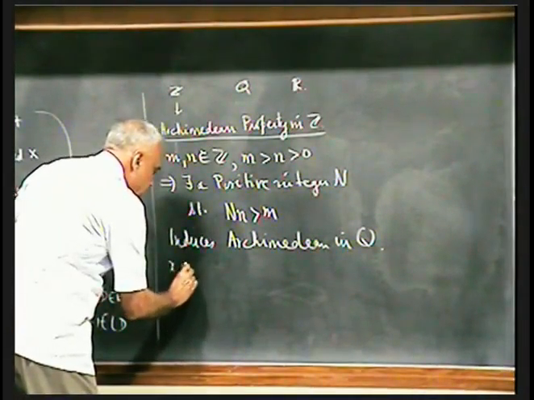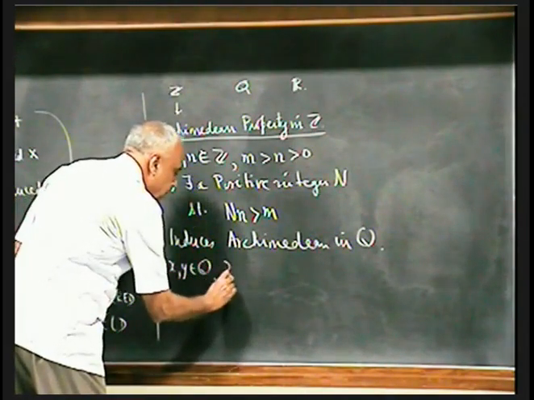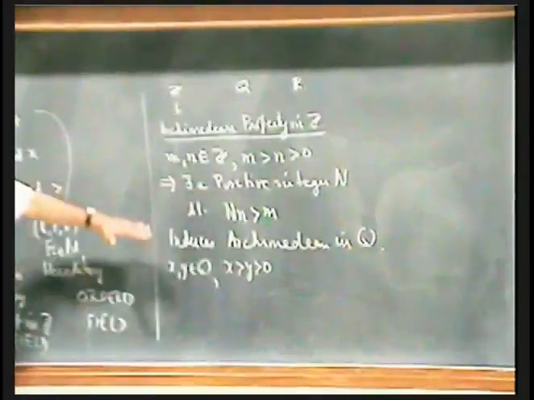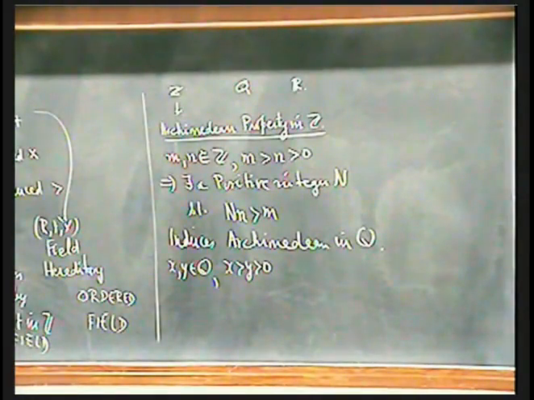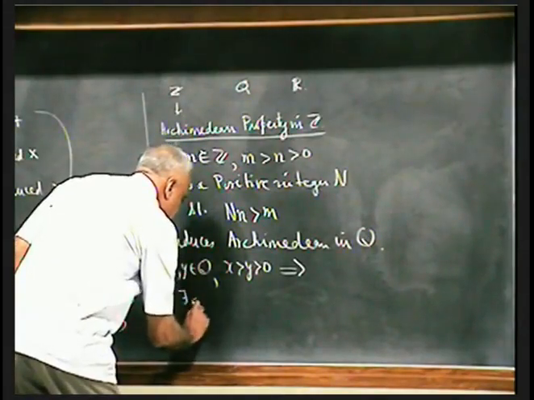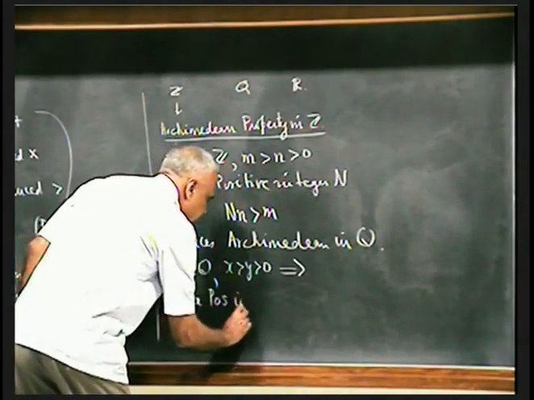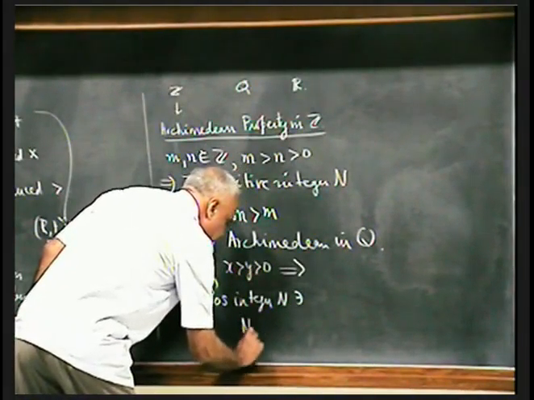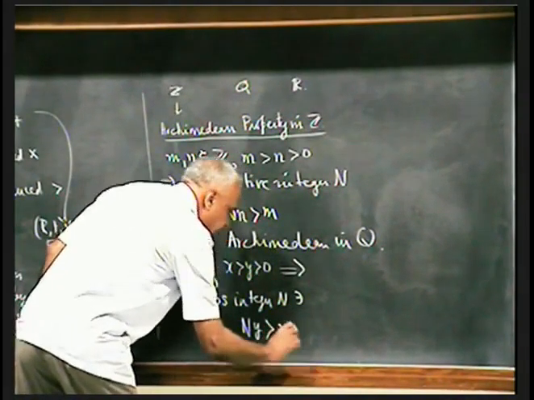If x, y belong to Q and x is greater than y greater than 0, exactly a replica, except now instead of m and n being integers, we take them being rational numbers, this implies there exists a positive integer n such that if you take a sufficient number of copies of y, it will beat x.